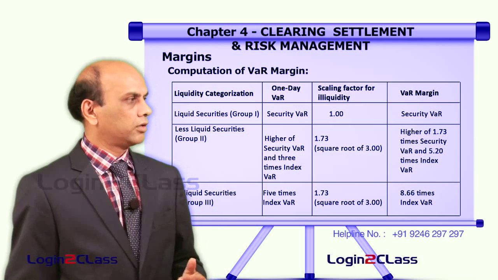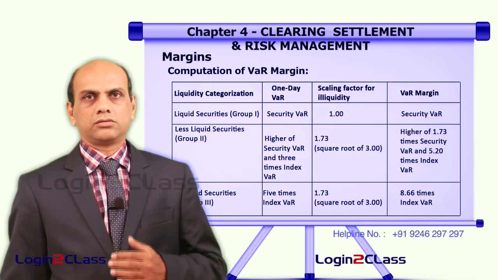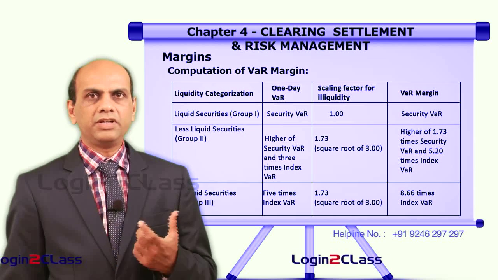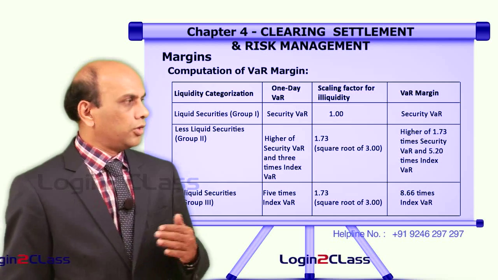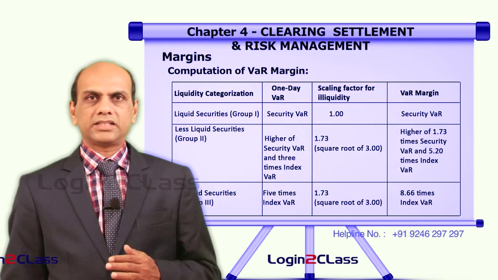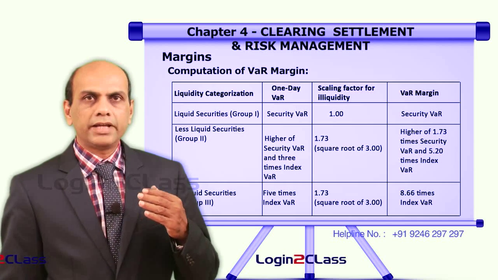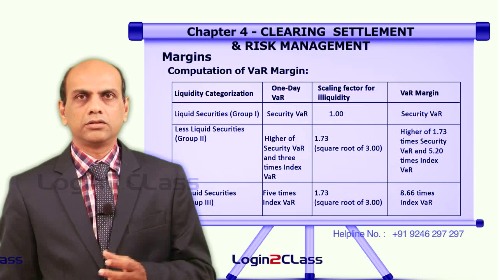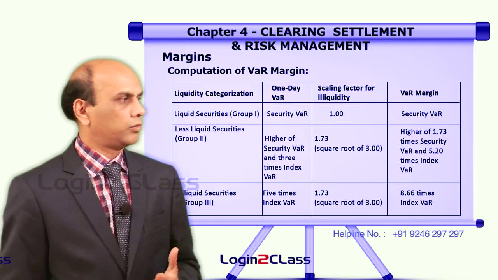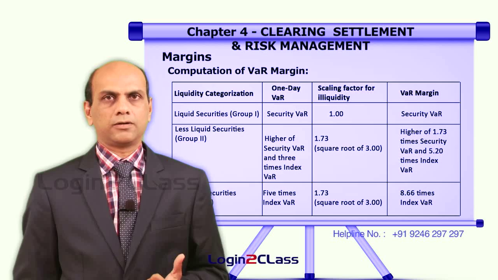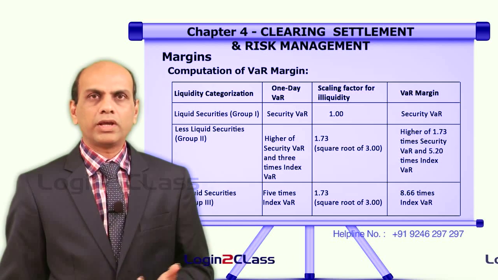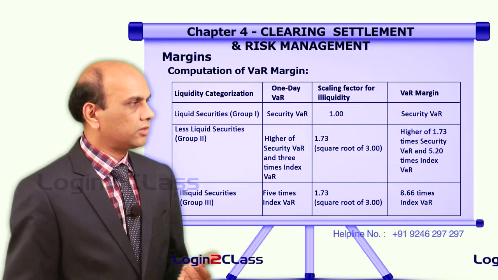We also take index VAR, the Nifty VAR or Sensex value at risk. Now, what do we do with the index VAR? We take 3 times the index VAR and compare it with the security VAR. And the scaling factor used here is square root of 3, that is 1.73.